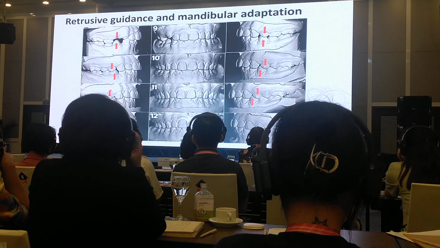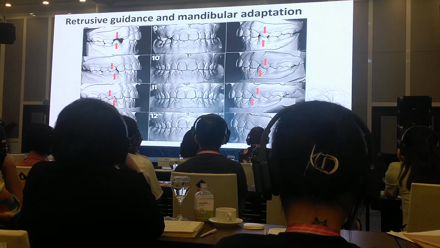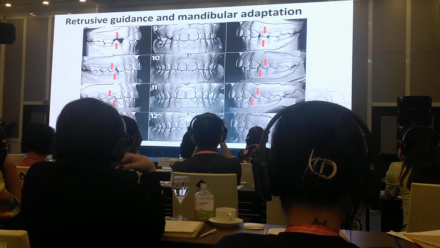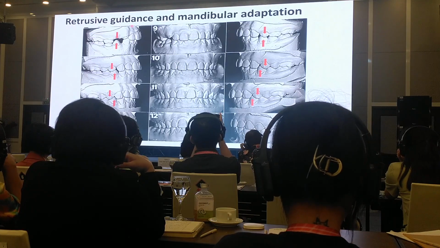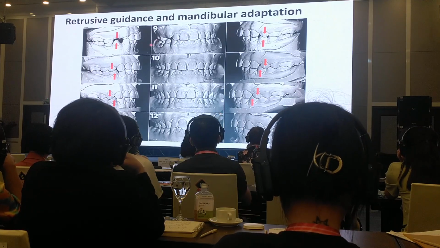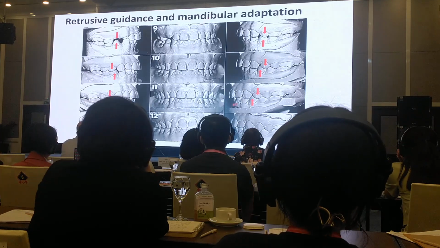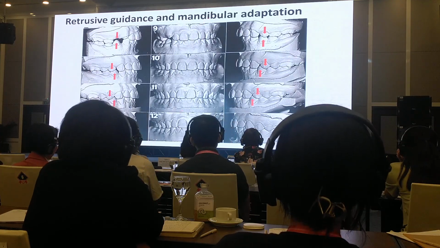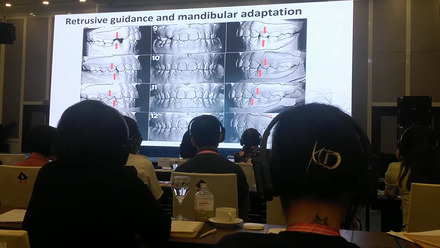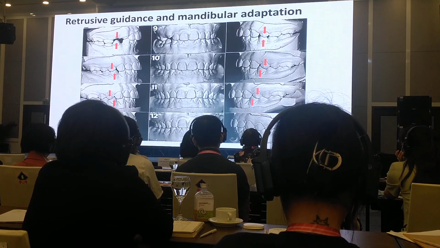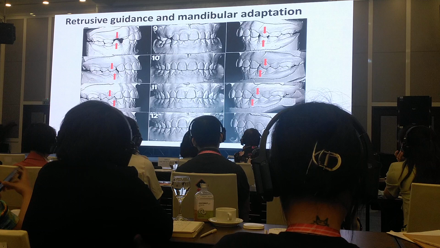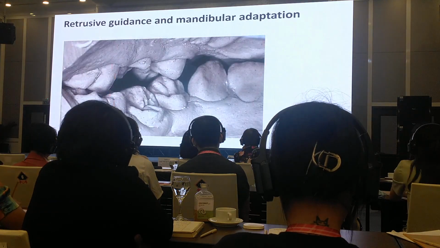Therefore, we call this premolar guided mandible. We call it retrusive guide, and finally the mandible adapts to a more forward position and establishes perfect plus one occlusion, even after second molar erupts. Very, very stable plus one occlusion.